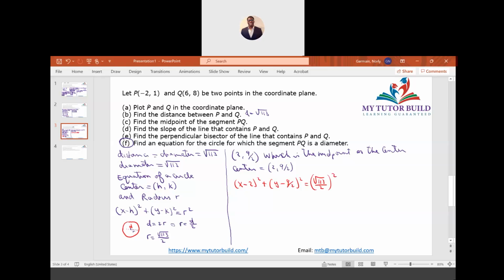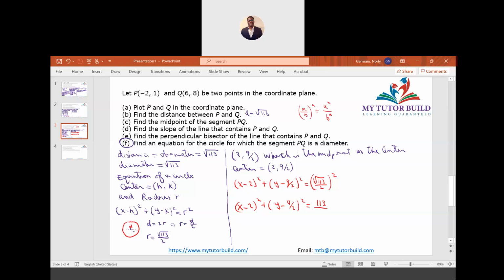Remember, they don't ask us to solve anything. They simply ask us to write down the equation of the circle. So we end up having (x minus 2) squared plus (y minus 9 over 2) squared. Square root of 113, if you raise it to the power 2, the square root is gone. We have 113 over 2 to the power 2, because when you have a over b to the power n, you can give each of them their own exponent.